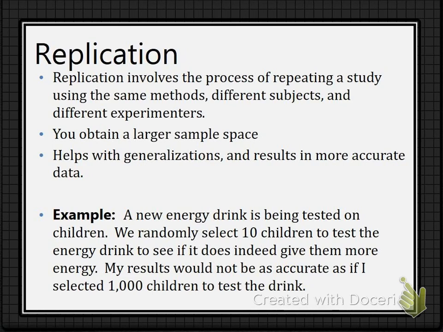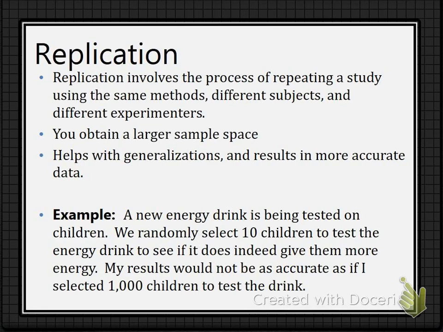So, for example, a new energy drink is being tested on children. Randomly select 10 kids and test the energy drink to see if it does indeed give them more energy. So one idea of replication is that you do this multiple times, right? One, because it does give you a larger sample size, but you're also just making sure that the process works, right?